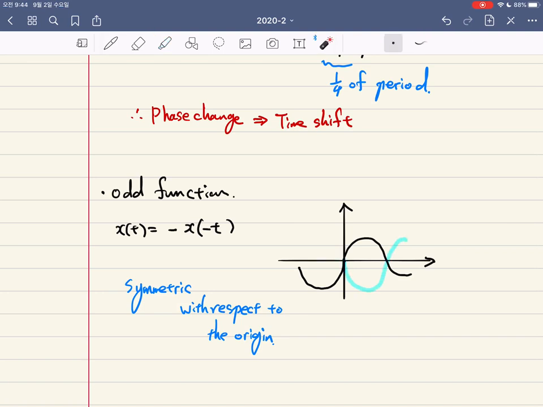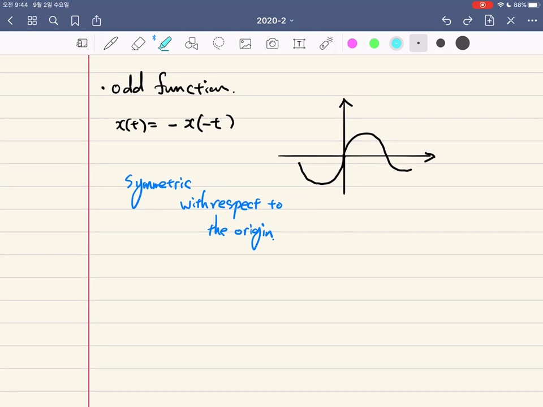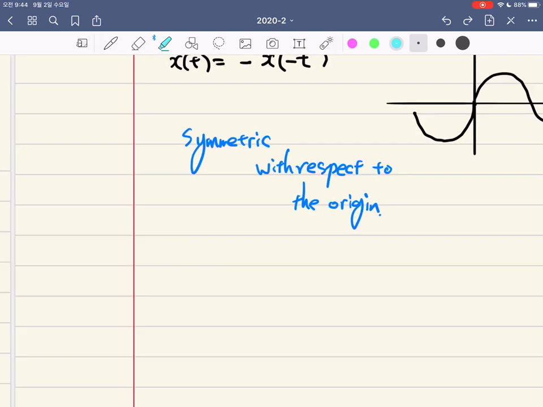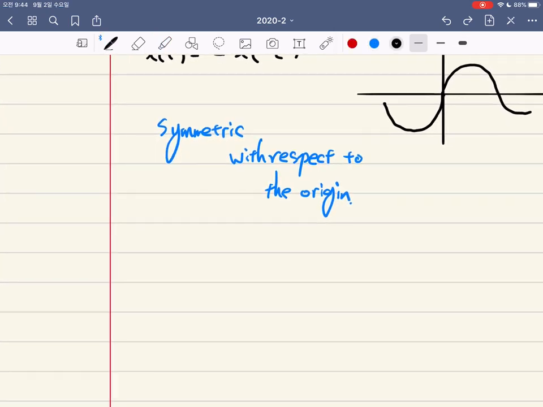If you fold again with respect to the x-axis, which means symmetric against the origin, you get exactly the same signal, and this means an odd function. So there are even functions and odd functions among continuous time sinusoidal signals. Now I would like to move on to the discrete time sinusoidal signal.